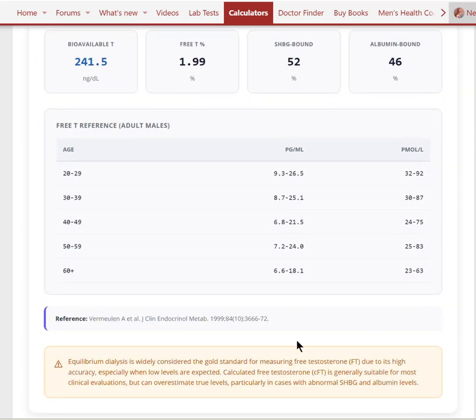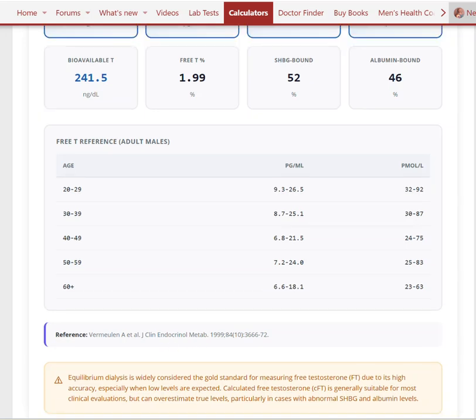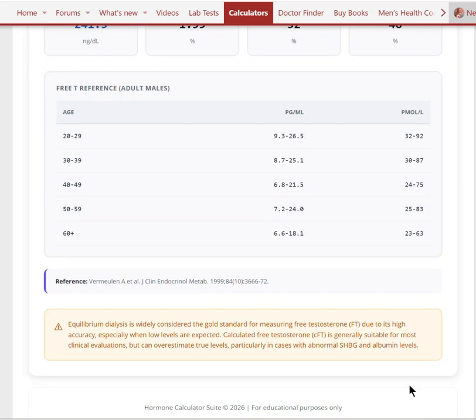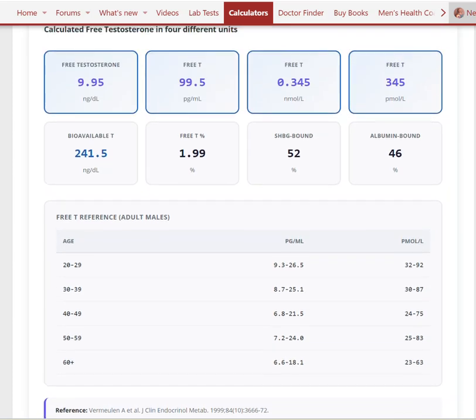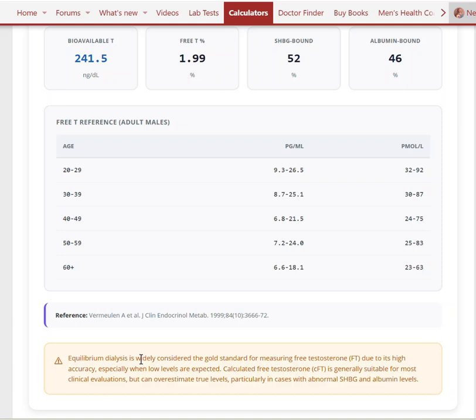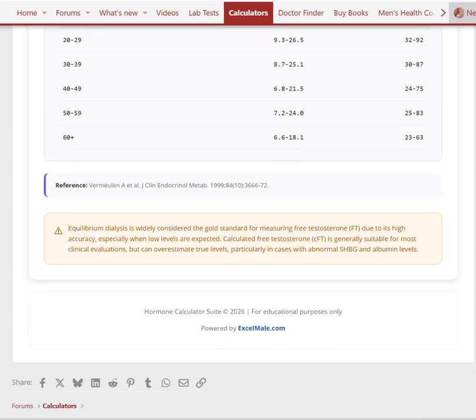However, this is the Bernoulli equation, which was the old way to calculate free testosterone before we had fancy equilibrium dialysis, which is really the gold standard, more accurate way to calculate free testosterone. This is only for those of you that do not have access to equilibrium dialysis and want to have a calculated free testosterone, even though it may overestimate true values, especially in cases with abnormal sex hormone binding globulin or albumin levels.